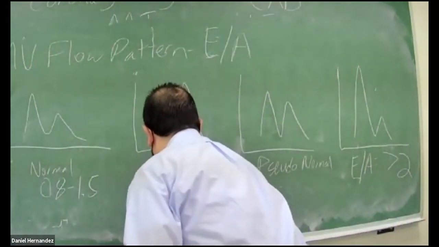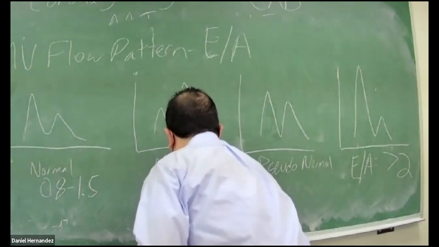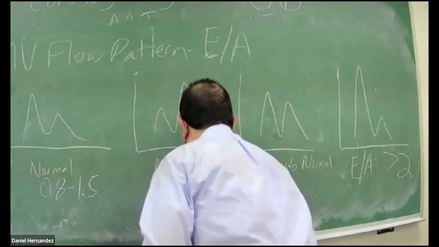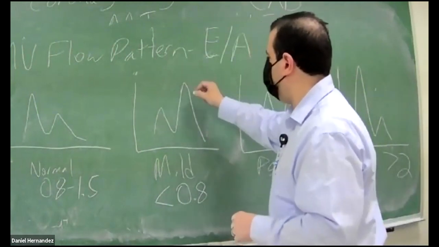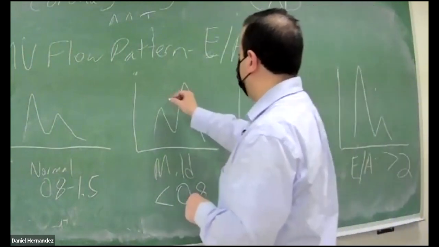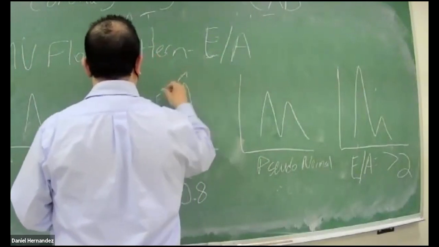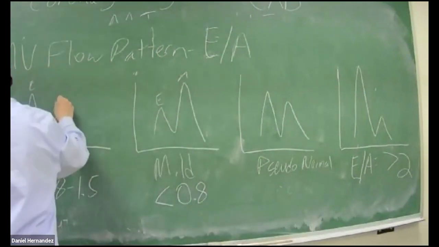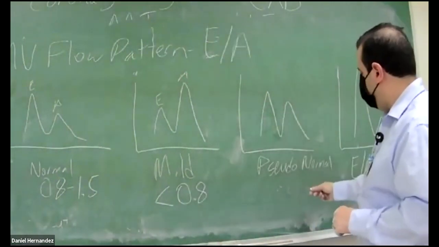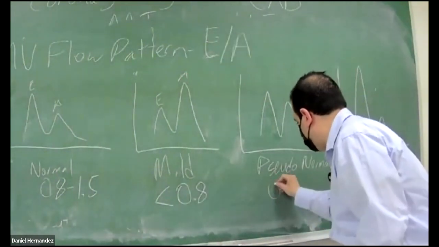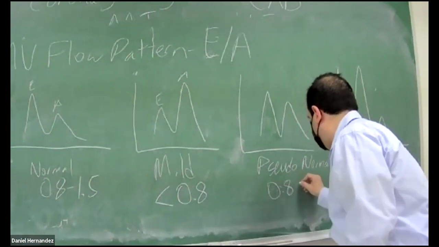Mild is a ratio that's less than 0.8. So we have reversal, E is smaller. So pseudo-normal, again, the value will be the same as our normal.